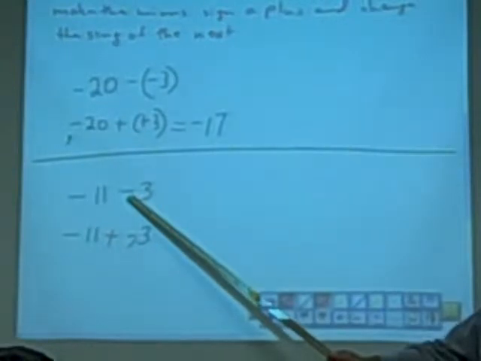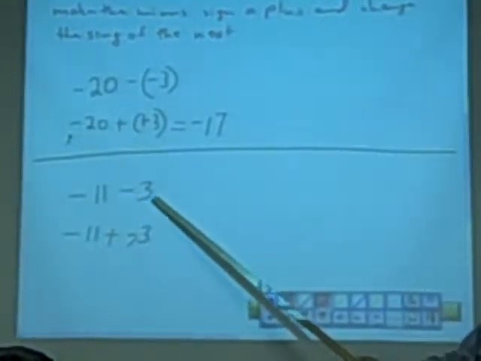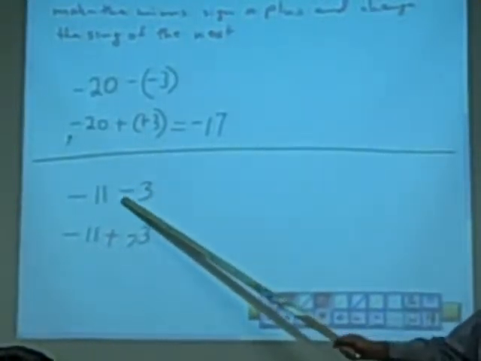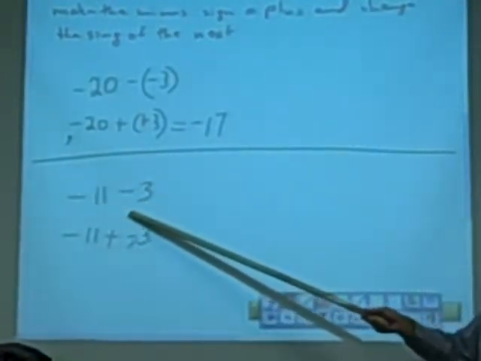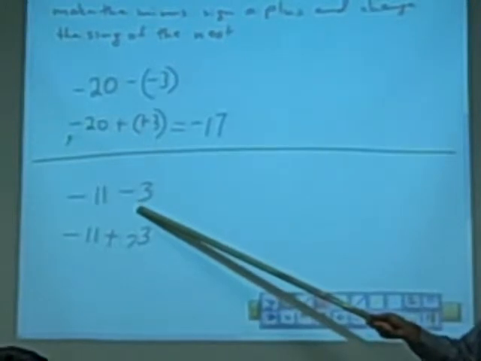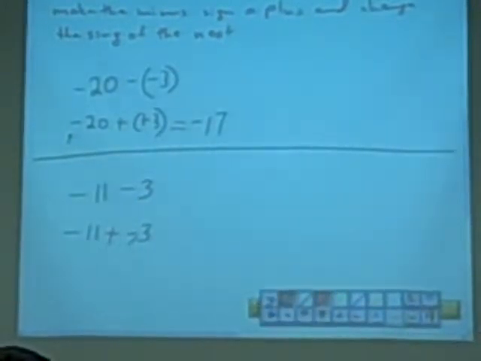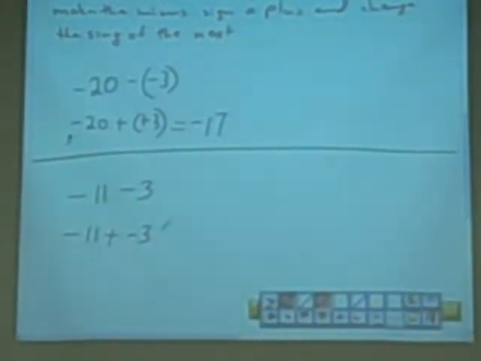They don't see it as a sign for this number. But it serves a dual purpose. You're negative 11 in the hole, and you're going 3 more in the hole. So now you're even further in the hole, right? So that's going to give us a negative 14.